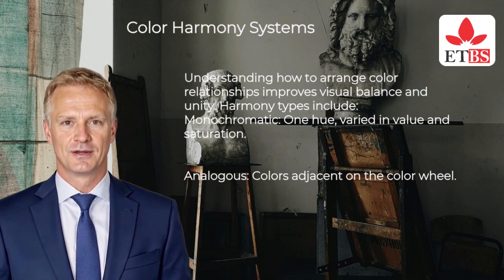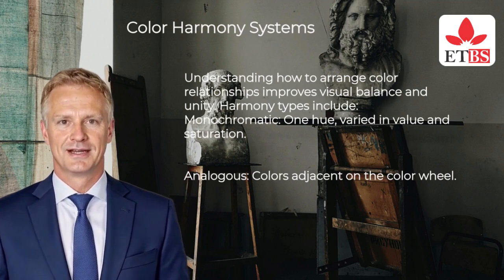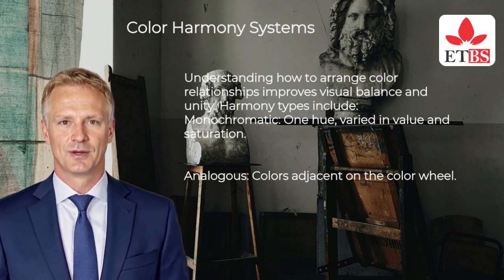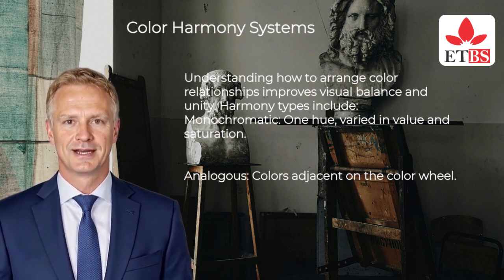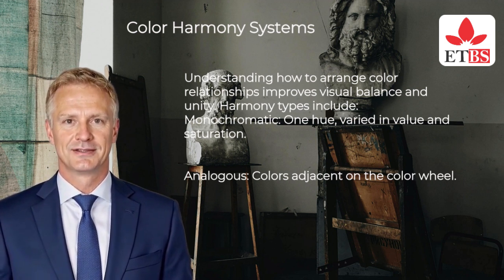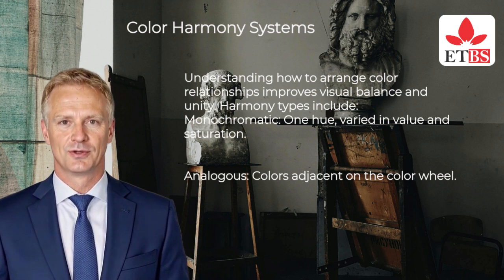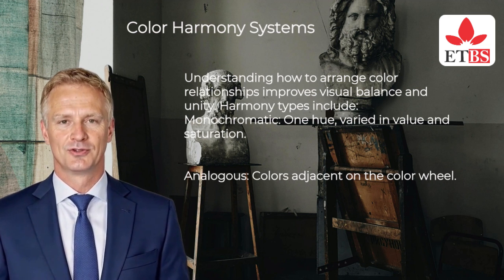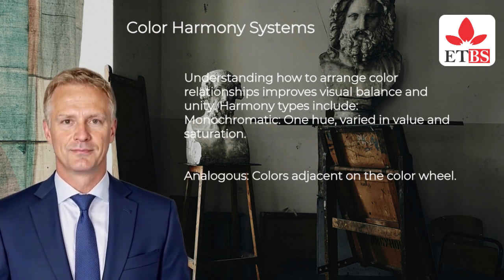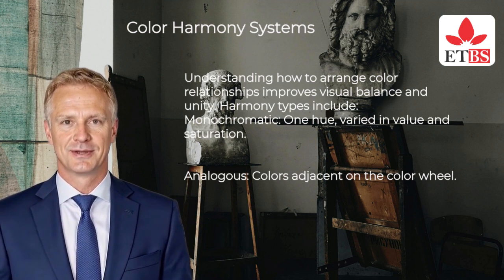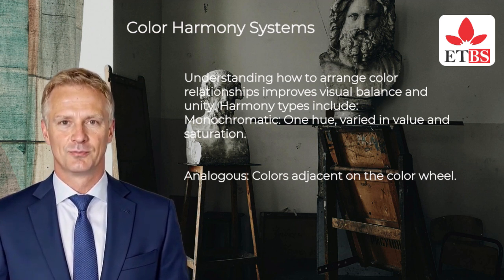4. Color harmony systems. Understanding how to arrange color relationships improves visual balance and unity. Harmony types include monochromatic, one hue, varied in value and saturation; analogous, colors adjacent on the color wheel; complementary, opposite hues, e.g., blue/orange; split complementary, a base color plus 2 adjacent complements; triadic, 3 evenly spaced hues, e.g., red, yellow, blue.